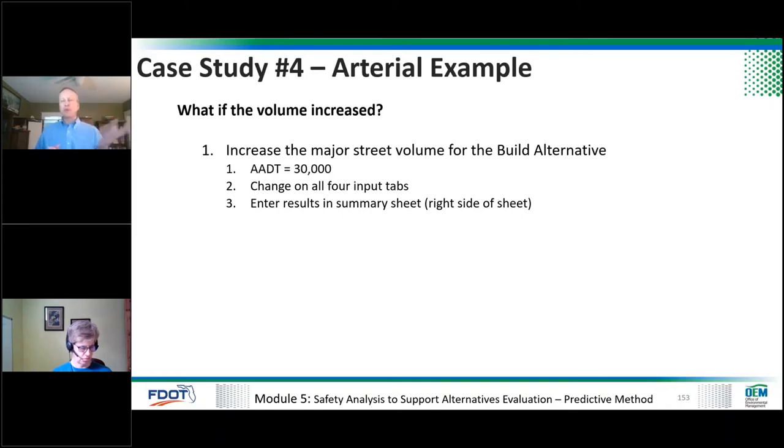So we think the traffic's going to go up. Just imagine, I don't know why in this particular case, but just play along that the AADT goes up to 30,000, and so we're going to need to change just a couple of inputs to test out what that means.